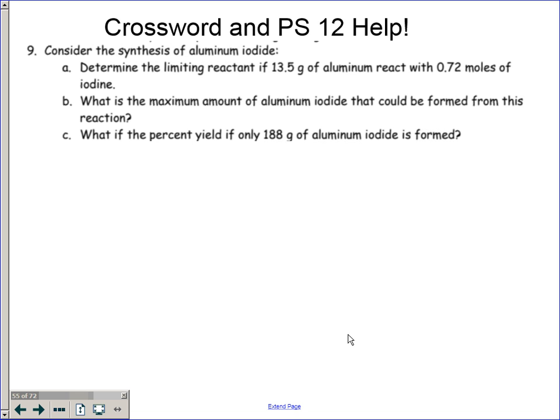Formula for potassium chloride? You know how many times I've got potassium? Or sodium. Okay, crossword. Here we go.